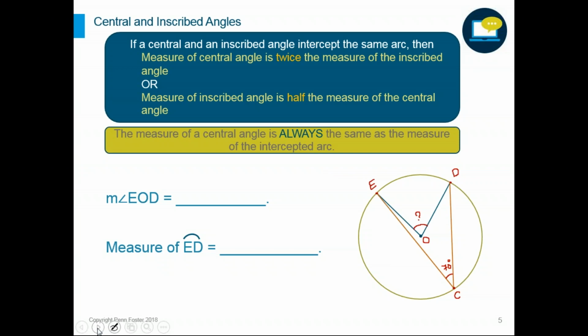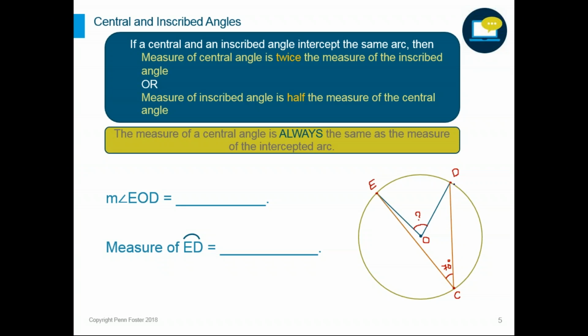Central and inscribed angles have a relationship between them. So let's read the facts over there and then apply them on the example down there. If a central and inscribed angle intercept the same arc, intercept meaning that they trap, like this central angle EOD and also the inscribed angle ECD, they intercept the same arc.